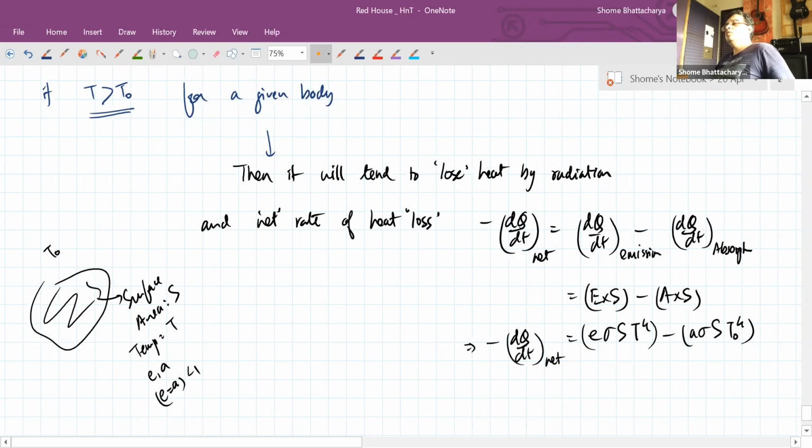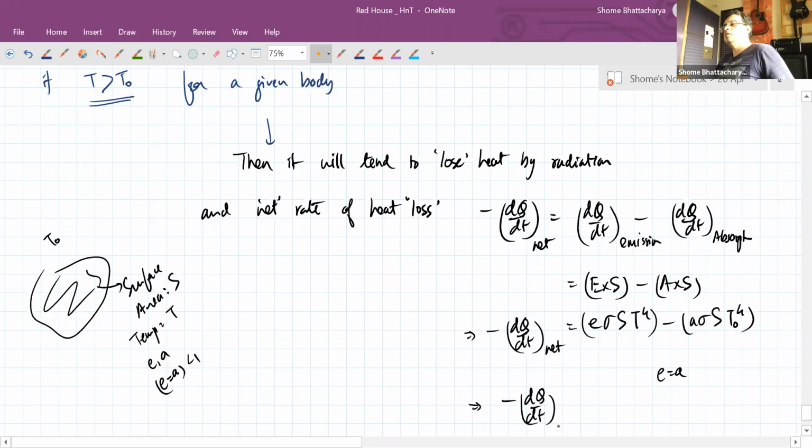Okay. Now further here you can see that E is equal to A. So the net rate of heat loss in fact is given by this kind of an equation. You can take E equal to A common. So temperature of the surface to the power 4 minus temperature of the surrounding to the power 4.